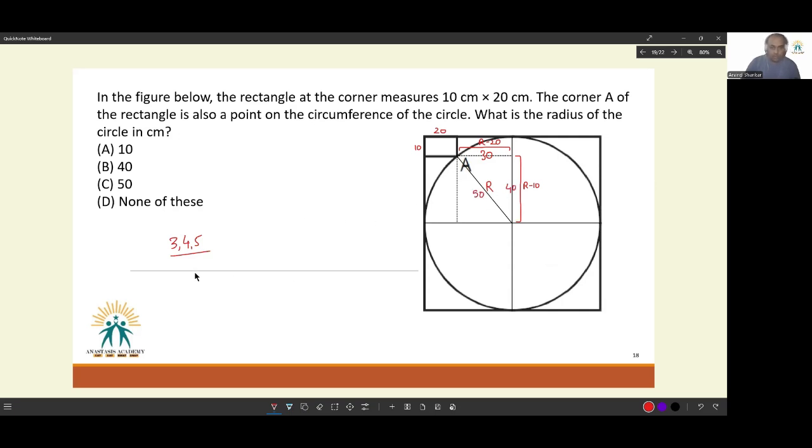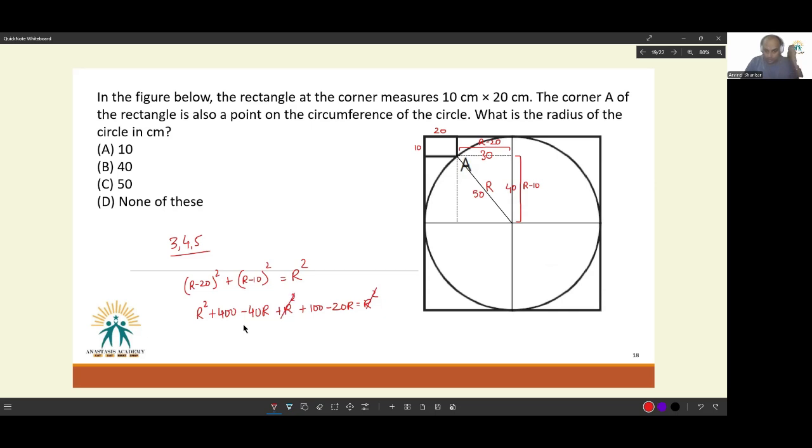Otherwise, of course, you can utilize this: R minus 20 whole square plus R minus 10 whole square is equal to R square. So we get R square plus 400 minus 40R plus R square plus 100 minus 20R is equal to R square.